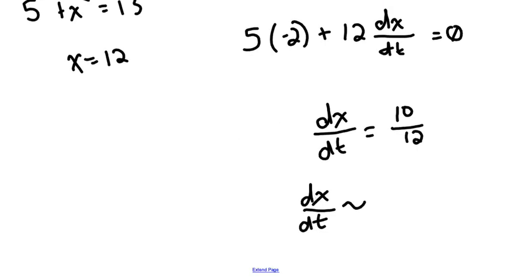So this one will be approximately 0.8 and then 3 repeating. If we're going 3 decimal places, we just need two 3's. And I believe we're still in feet per second. Hopefully you got that for your answer, and if not, hopefully you can figure out what you did wrong there.